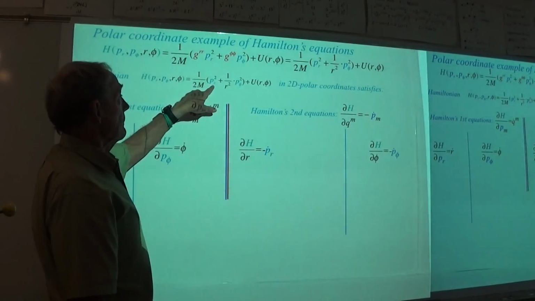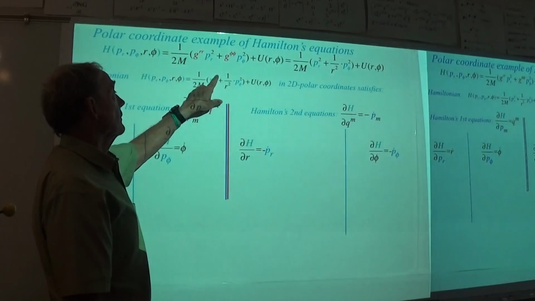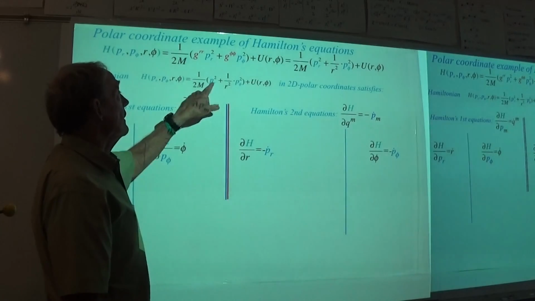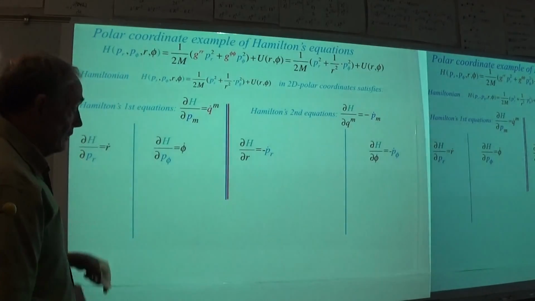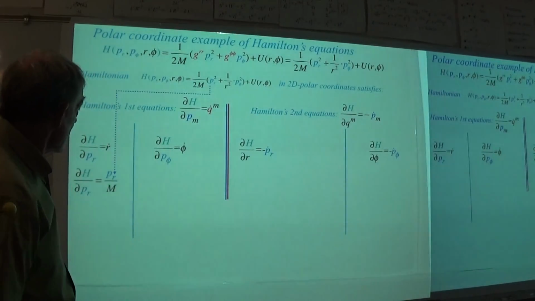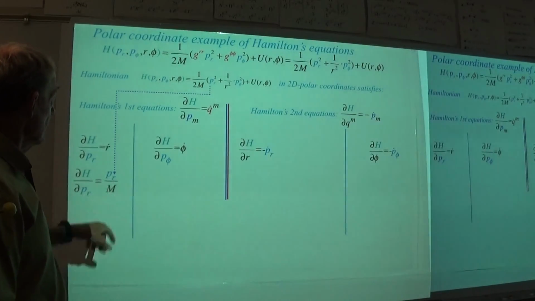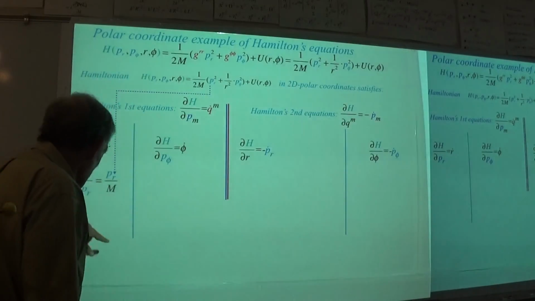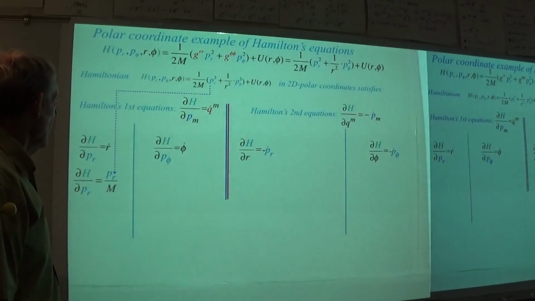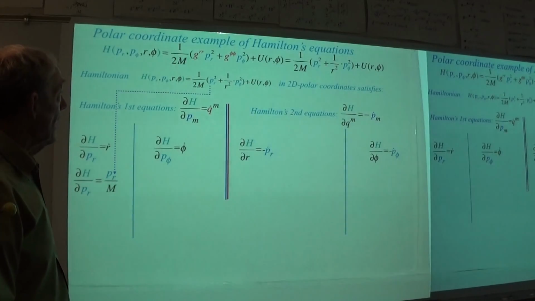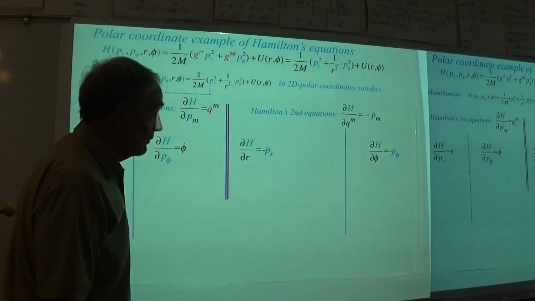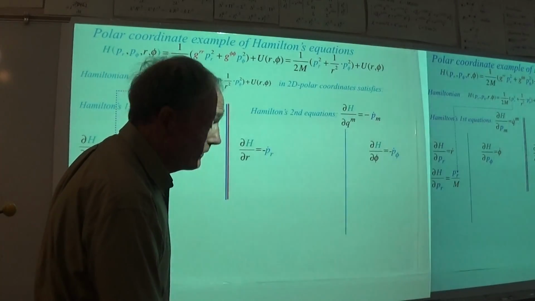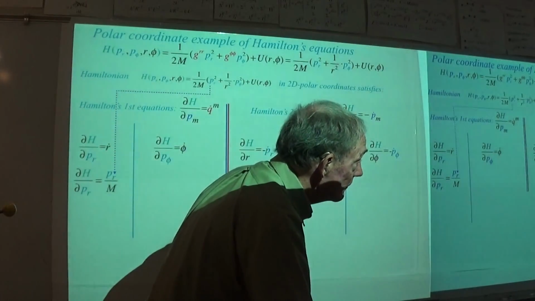I'm going to be getting a partial derivative of something squared, so it's 2 times, and then I'm going to get this into the first power, and that is going to give us this little deal right here. I've got this 1 over the mass, you see, so right away I'm seeing here p r divided by mass. At first maybe that looks a little awkward, but you'll see that it's not so bad. And same thing here.